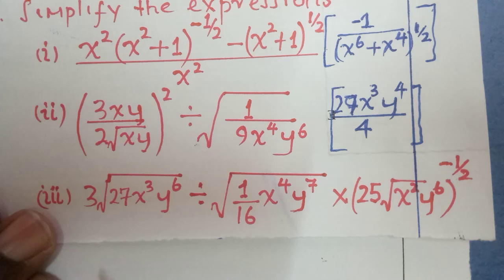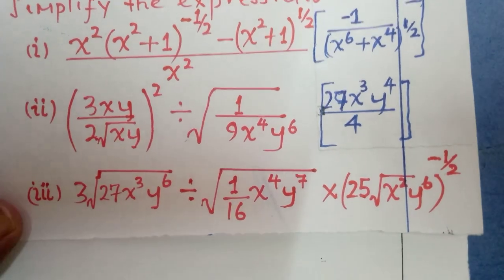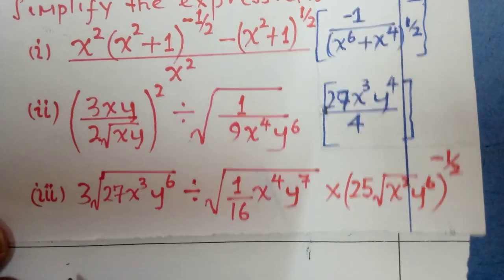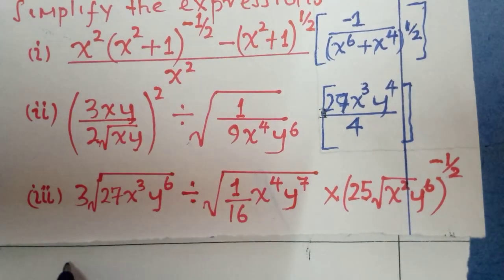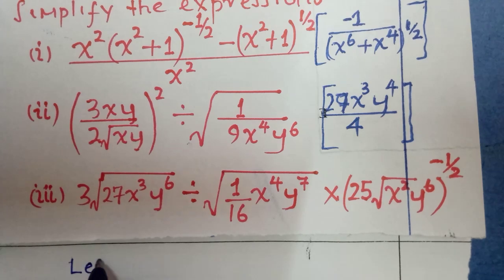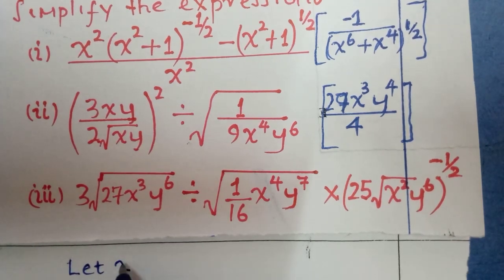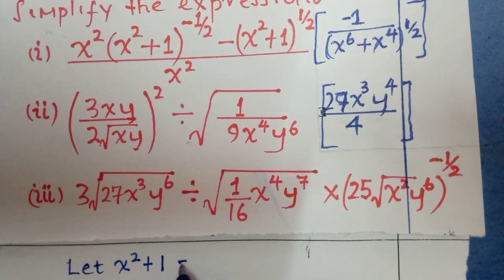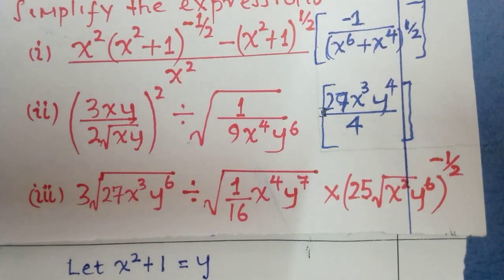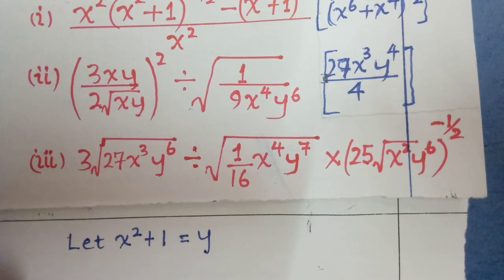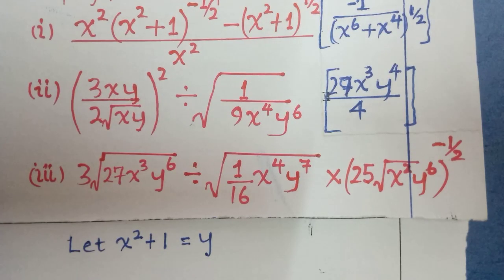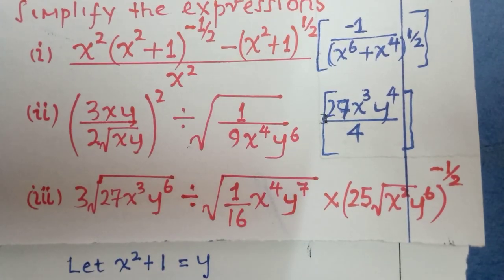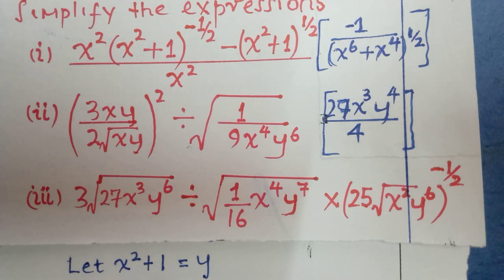So I'll write it this way: let x squared plus 1 be equal to y. And then from there, I'll now write the whole equation with that expression of x squared plus 1 being y.